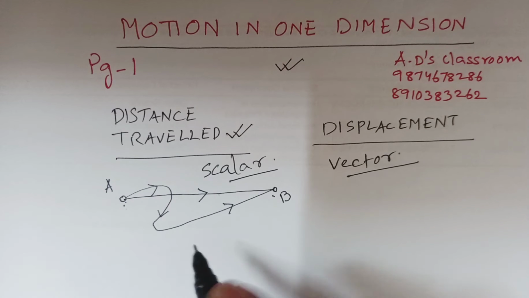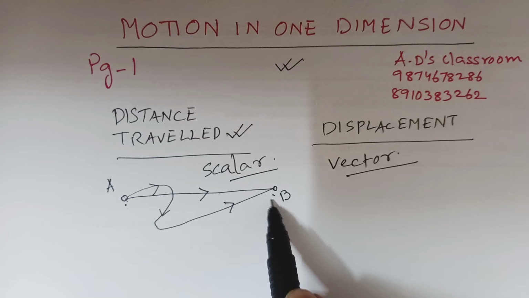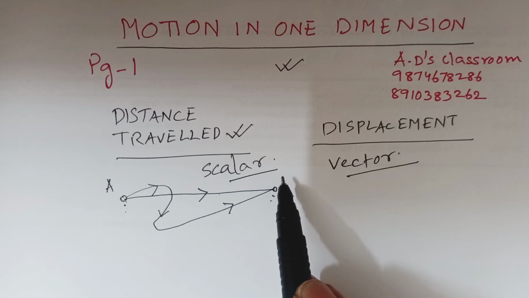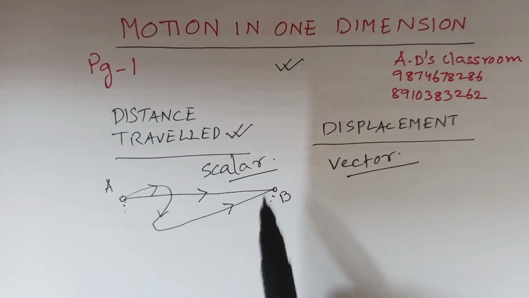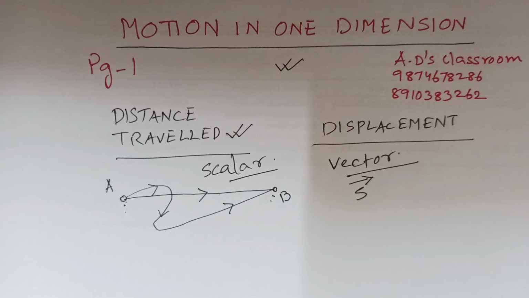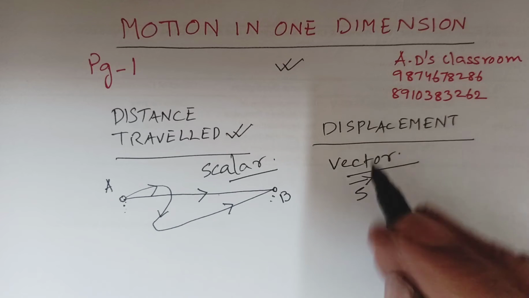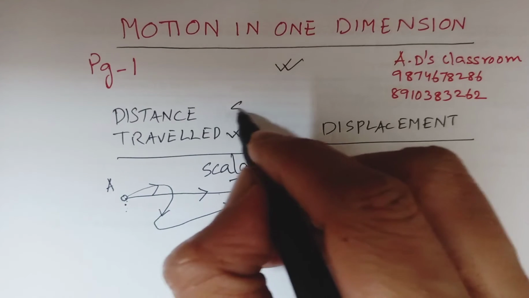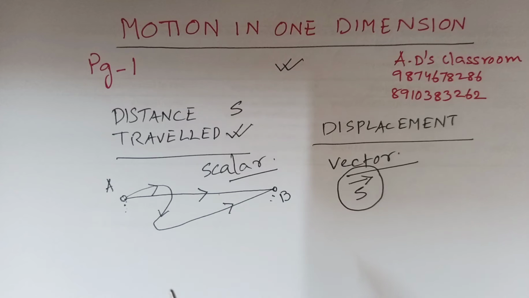And the direction, that means this A is the initial point, B is the final point. Now the direction from the initial position to the final position, if we represent that with the help of this S, we call it a vector. Now this S is basically the symbolic representation of displacement. And simply S is the symbolic representation of the distance traveled.